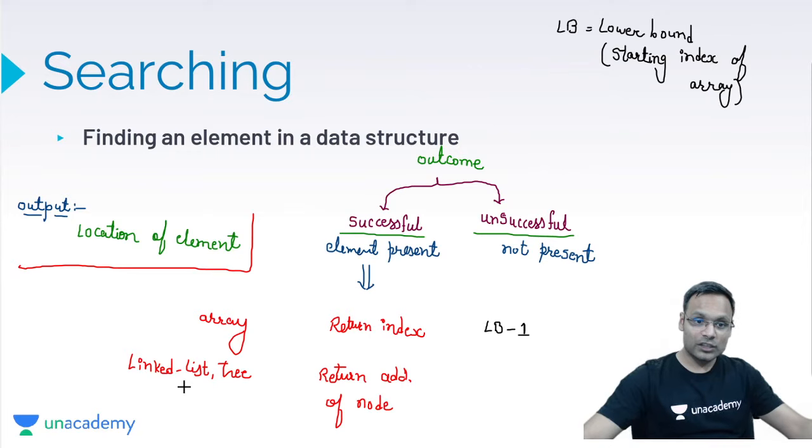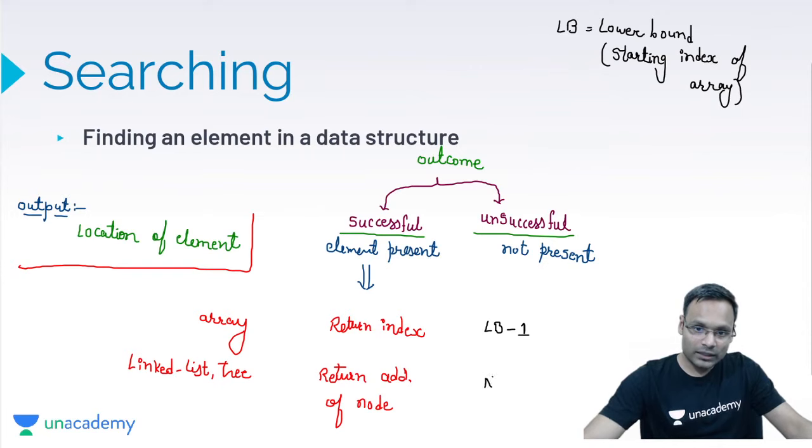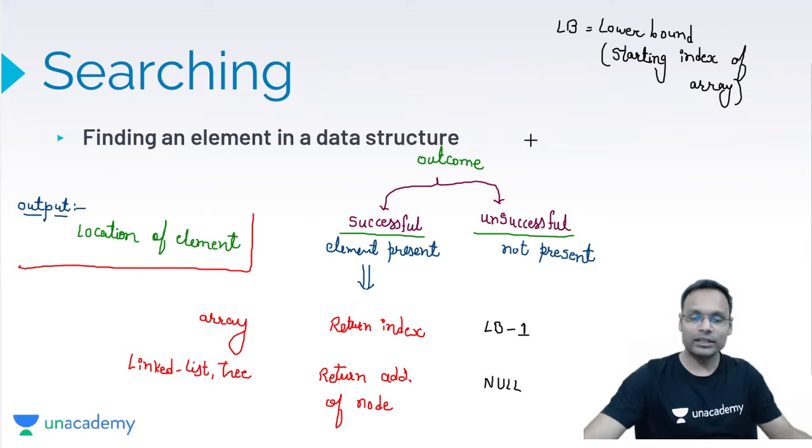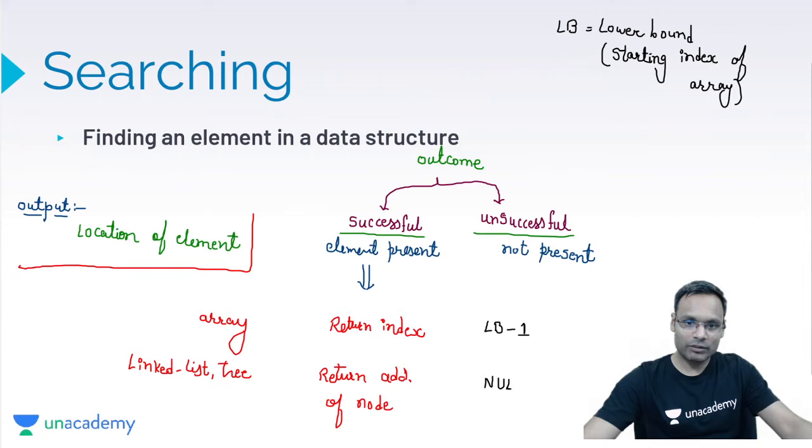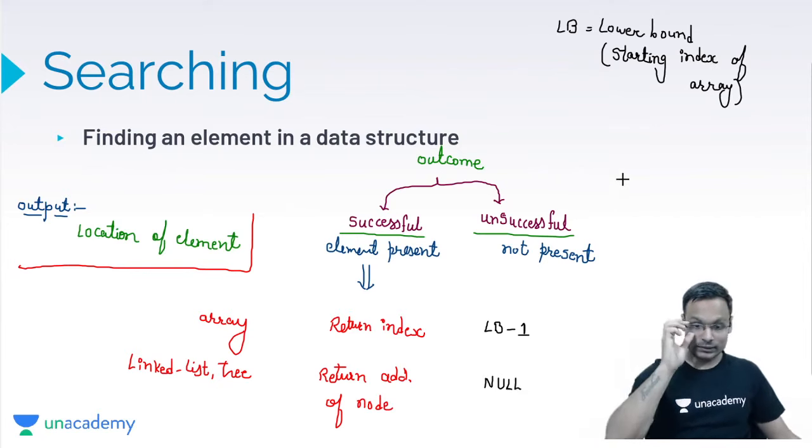In the case of a linked list or tree like data structure where we are storing the elements on nodes, we are going to return a null pointer. The null address will give the information that the element is not present, that's why we are returning null. Great, amazing.